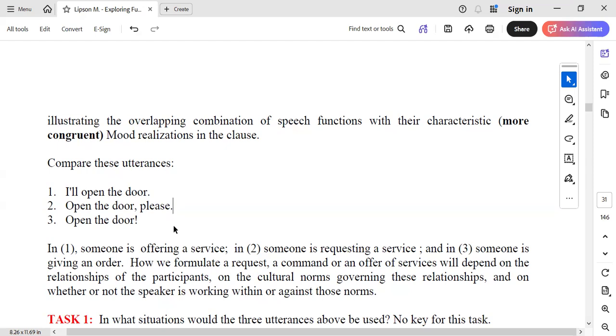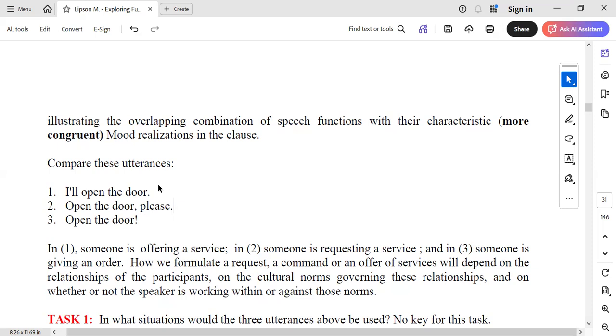This is how context is shaping, limiting you to pick certain language resources or options, because the situation demands that. Your teacher should not say "open the door" when you're not supposed to do that; he may request and has to use the word "please".